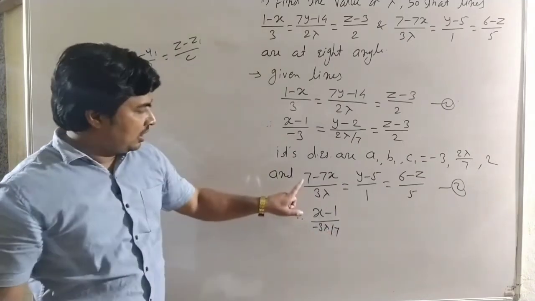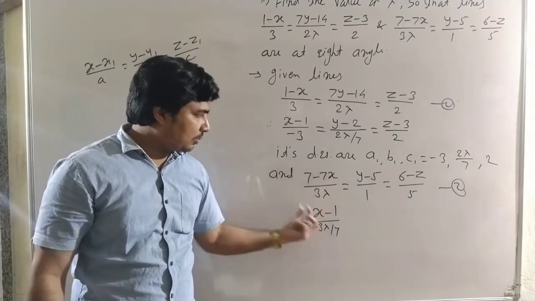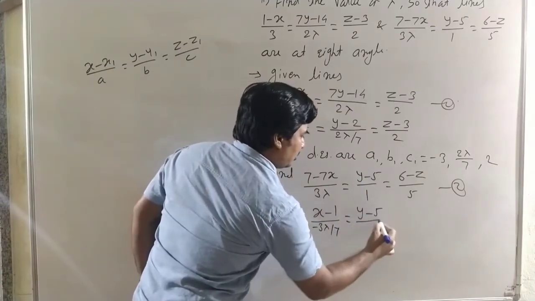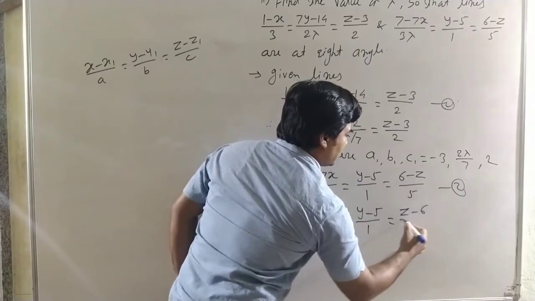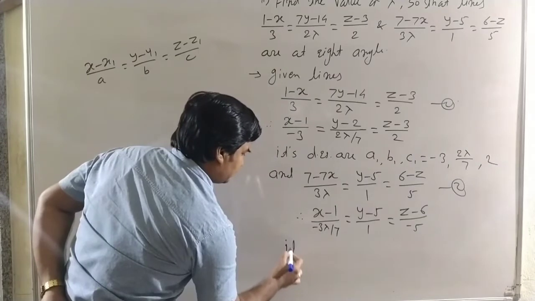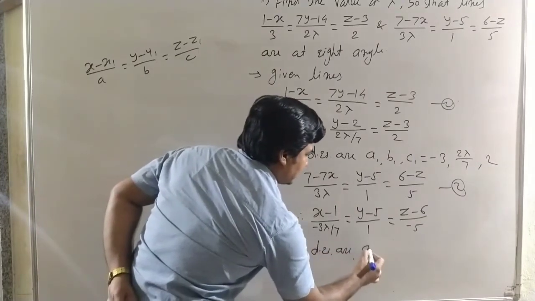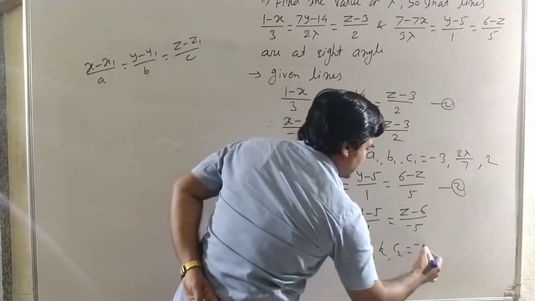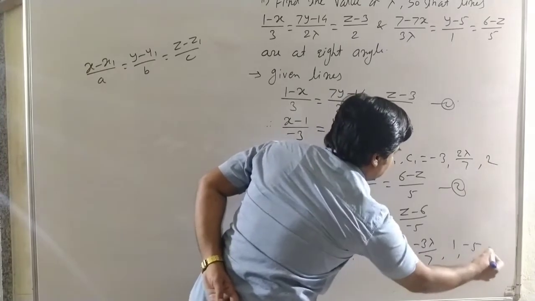See carefully, here we divide by minus 7 because we want plus x. The y term is as it is: (y minus 5) upon 1, and here we multiply by minus: (z minus 6) upon minus 5. Okay, and its direction ratios a2, b2 and c2 are minus 3 lambda by 7, 1 and minus 5.